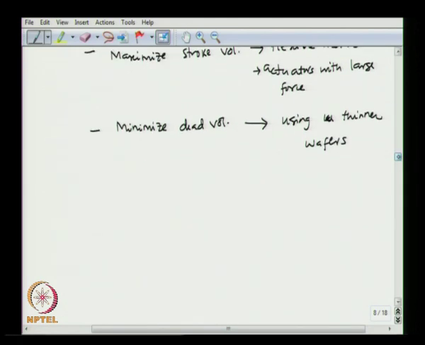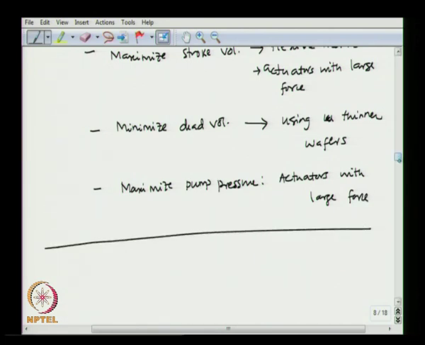And the final objective has to be to maximize the pump pressure, which can be achieved using actuators with large force.